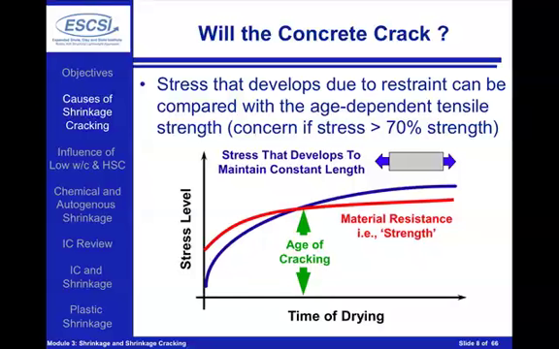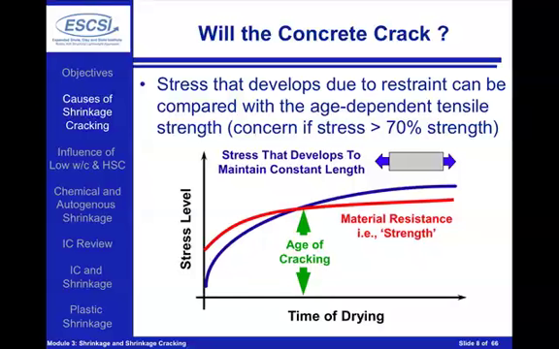However, in determining whether cracking occurs, what we frequently notice is that it's not as simple as just figuring out when the stress inside of the system exceeds the strength, that being the age of cracking. Typically, when we start to look at this and we start to wonder where this might become a problem in the field, we begin to start getting concerned if the stresses start to exceed about 70% of the tensile strength.